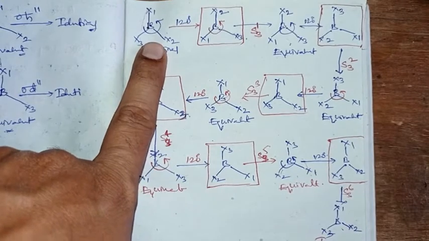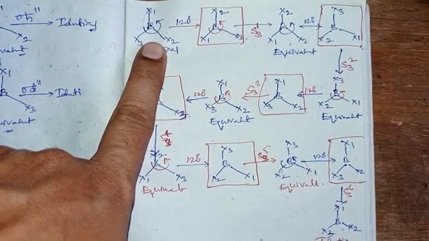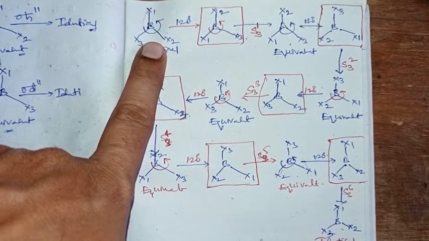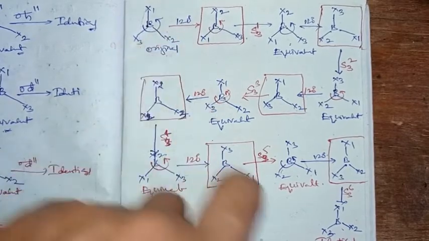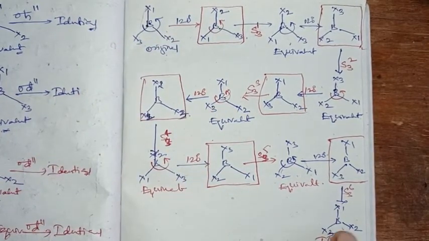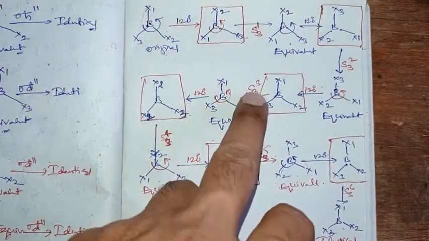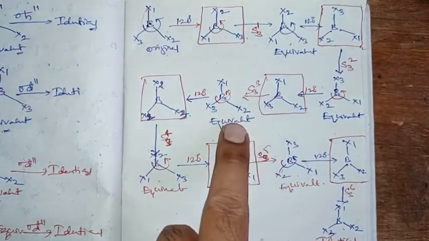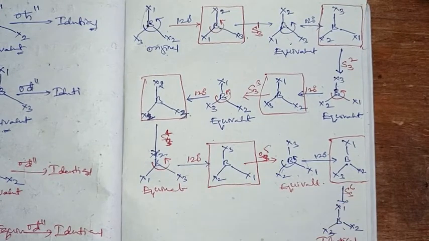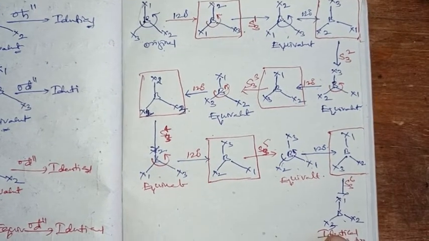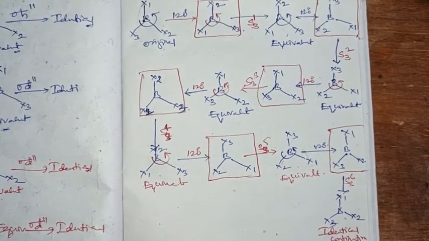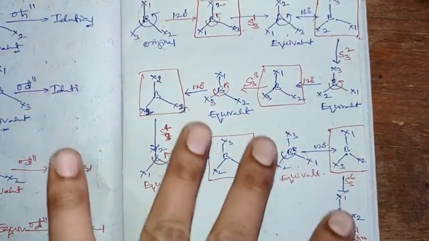So far it is an identical configuration. Like this, S36 will have the identical configuration rather than S33. S33 will have equivalent, whereas S36 will have the identical configuration. Right? So here we can stop the improper axis also.